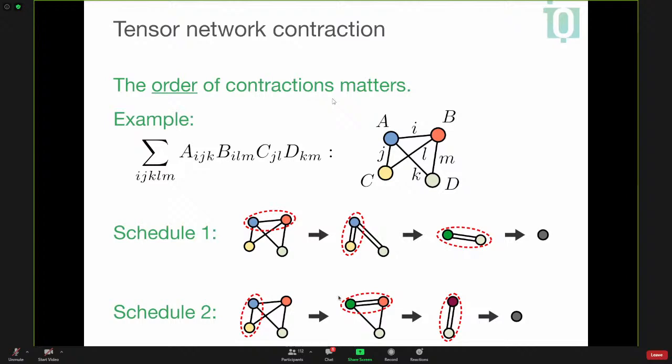Now, the largest object that I build in the second schedule is a tensor with 3 legs, right? So here I have D to the cube. If D is large, you can see that this can make a big difference in the performance of your contraction algorithm. So this is why the order of how I contract my tensors really matters.